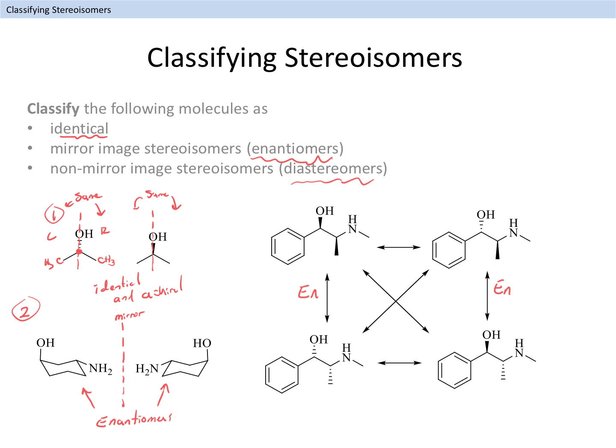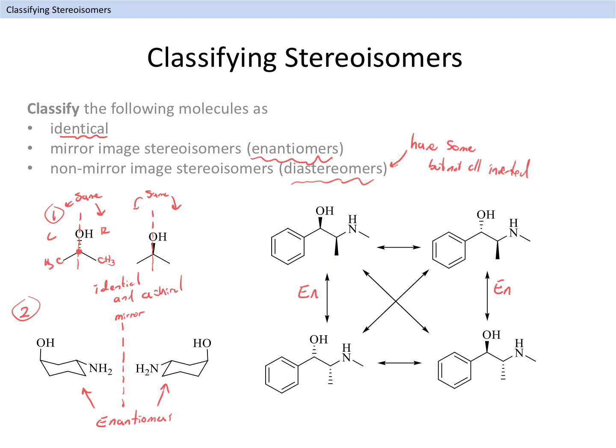This means that if there are two or more stereocenters in the molecule, a diastereomer will have some but not all of these centers inverted. We can see this in the horizontal and diagonal relationships drawn on the slide. For example, moving from left to right, we see that the configuration of the methyl group remains the same, but the other stereocenter is inverted.